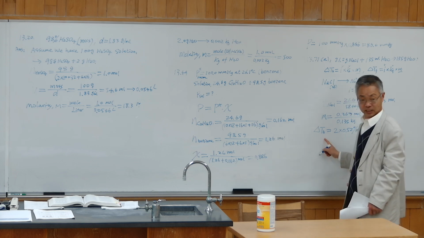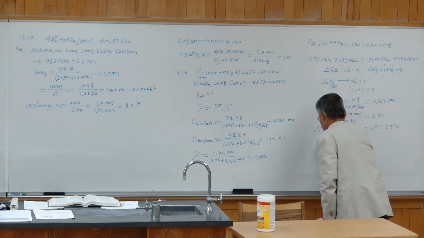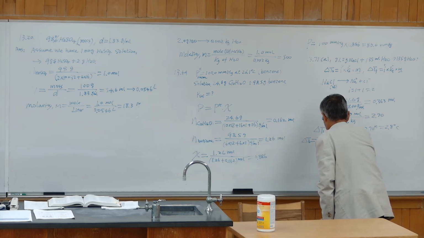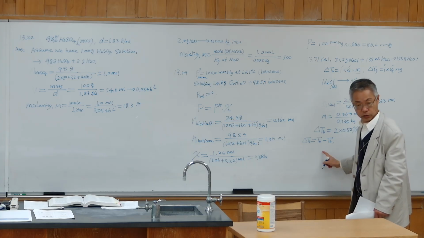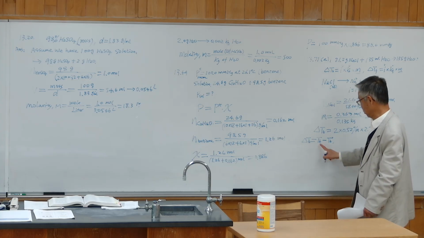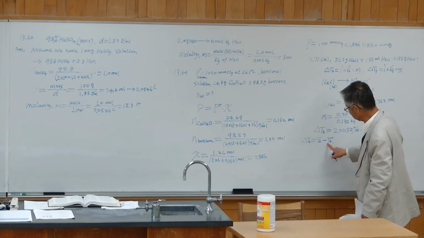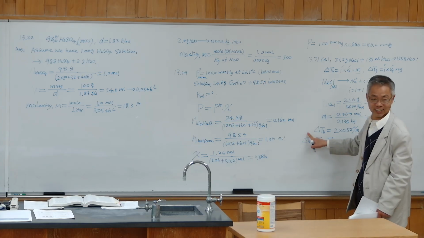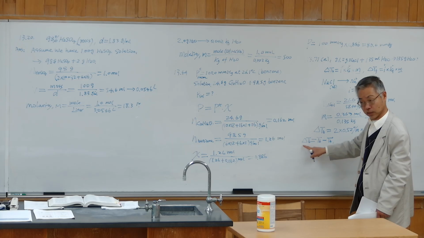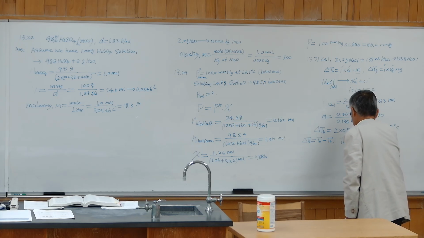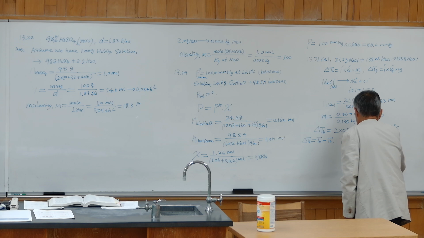So from delta TB, what is TB? Because delta TB is TB minus TB0, where TB0 is the boiling point of pure water, TB equals TB0 plus delta TB.